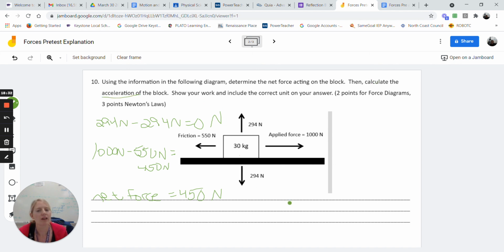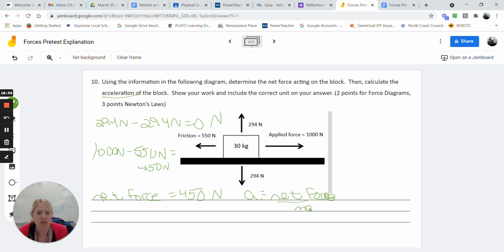So our net force is 450 newtons, and then it says to calculate the acceleration of the block. Well, we learned that new equation today, so we can use it here. To find acceleration, we can definitely use the old equation if we had that data, but we don't, so we're just going to use our new one. So net force divided by mass.